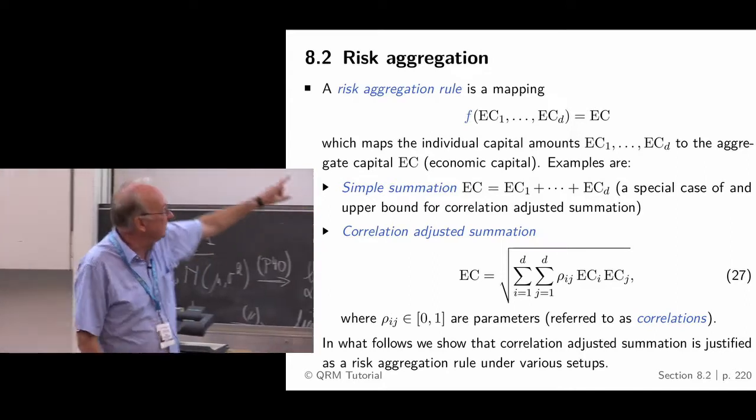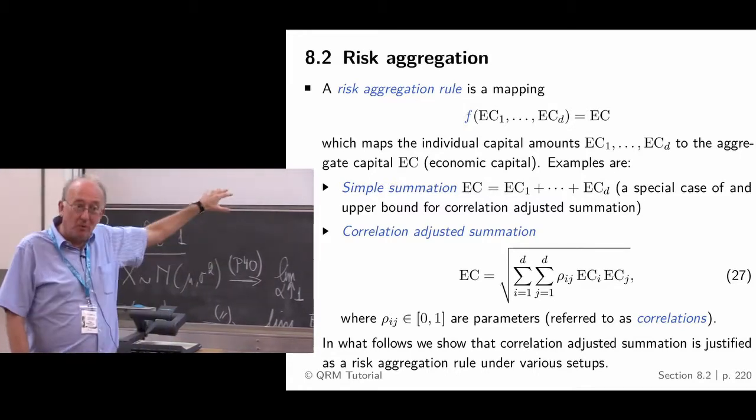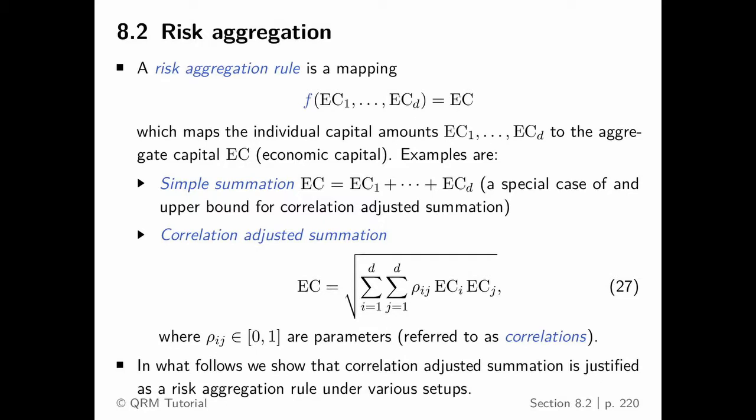Already you see this formula is surely close, in the elliptical case, to the formula I showed before. And you say this is not far away. If I can interpret these things at the level of economic capital, which I can in certain interpretations, then I'm basically there. So in that sense, this is for me the fundamental theorem underlying risk aggregation the way many of you do it. Okay?